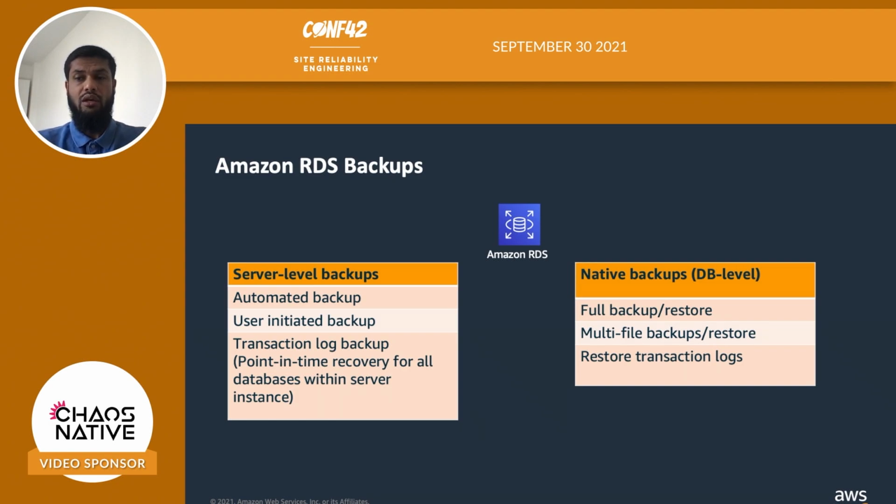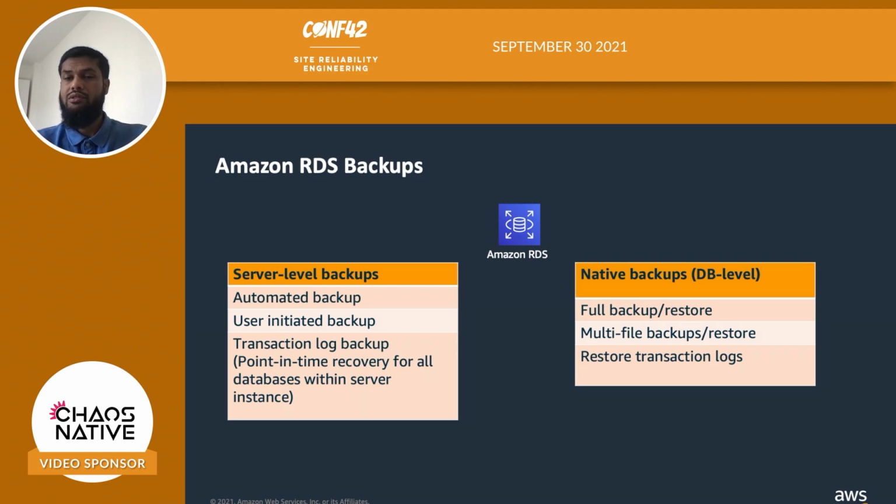This is especially useful if you have compliance requirements that mandate retention of backups for longer than 35 days. You could create an automated job that takes user-initiated backups on a regular schedule and deletes expired backups after a given time, for example 10 years or 15 years or more.